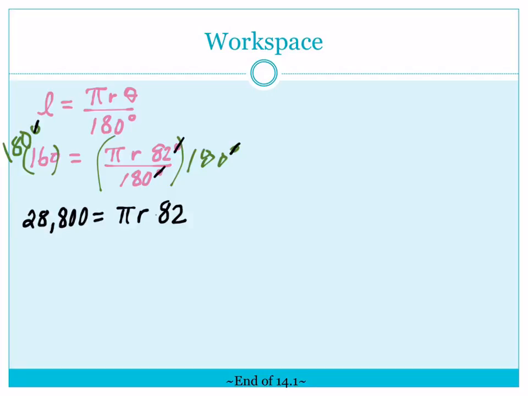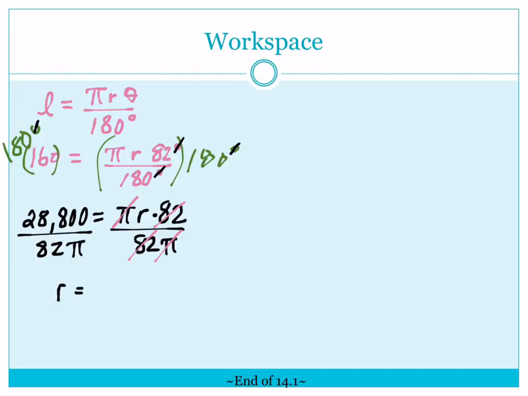What's next? Divide by what? 82 pi. Yes, 82 pi. And that will isolate r.